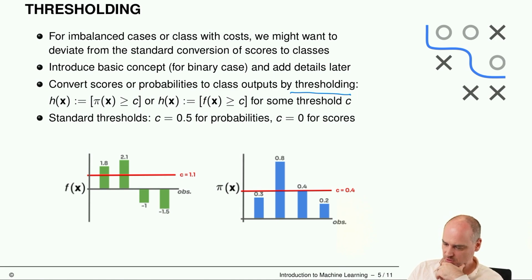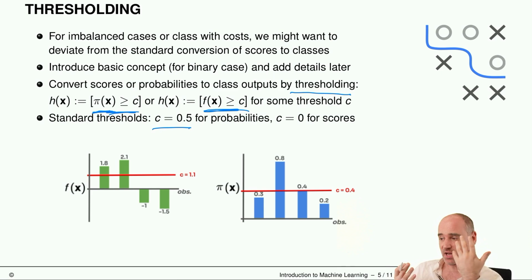In order to figure out whether our pi of x is going to be turned into a prediction for the positive class or the negative one, we would compare it with a threshold c, and we can do the same thing for our score. Standard thresholds would be, we compare our pi of x with the 50% threshold.